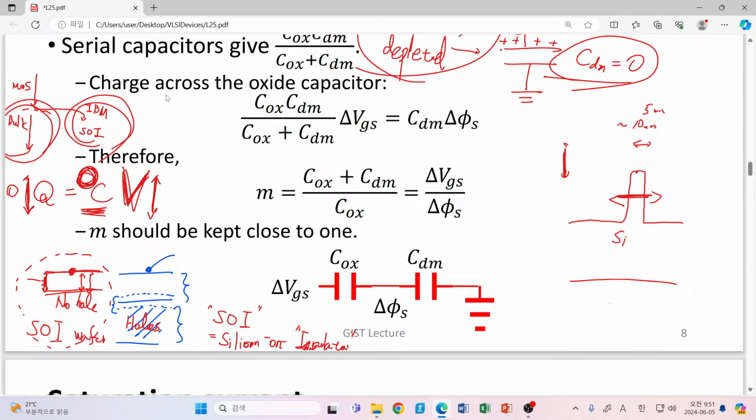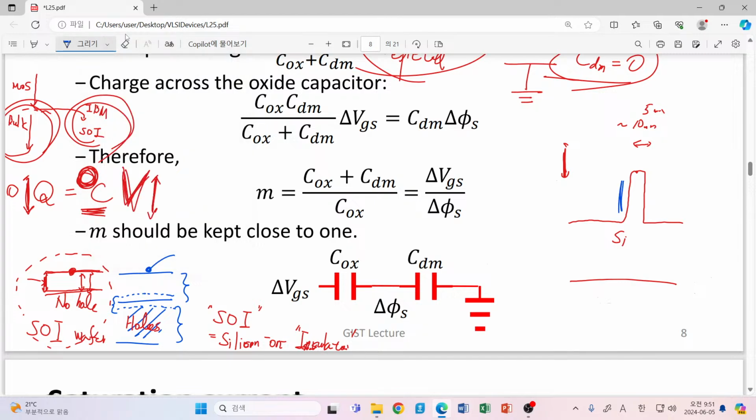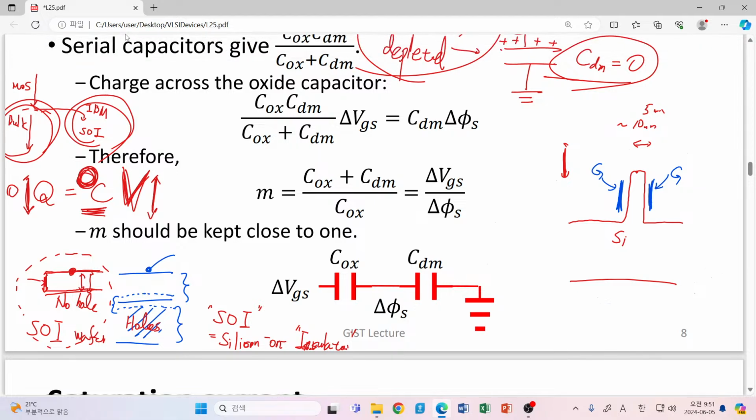Using this structure, if you have, for example, a gate in this part and that part, let's say that this is your gate and this is your gate, then the thickness of your transistor would be defined as what? Defined as the width of your silicon structure, the vertically thin structure.